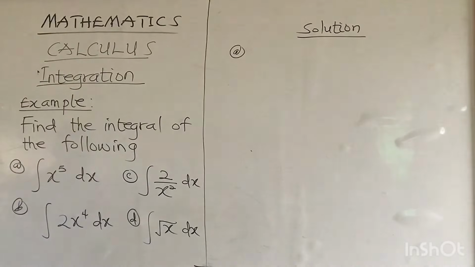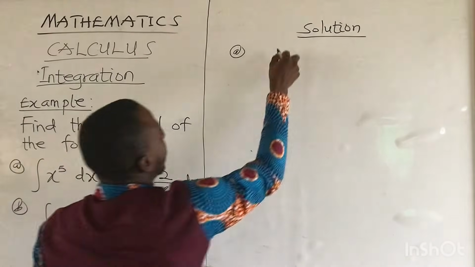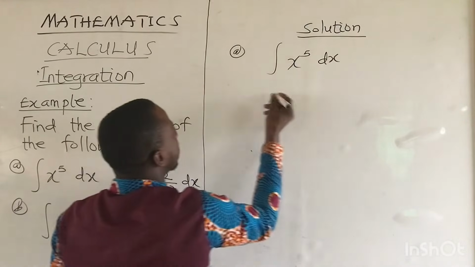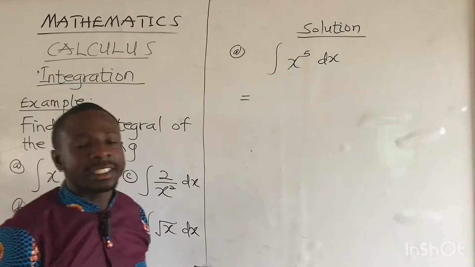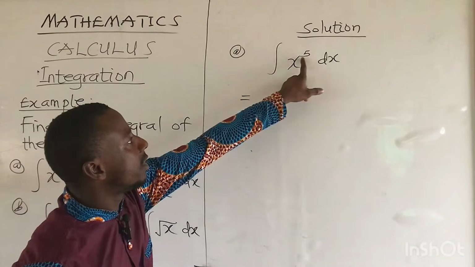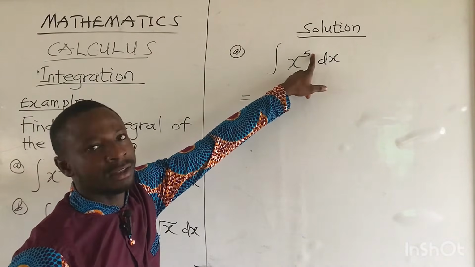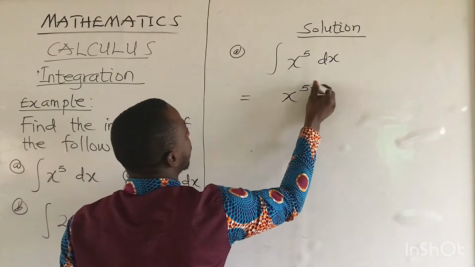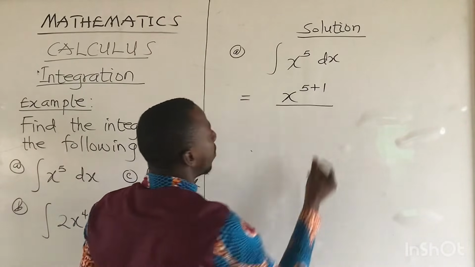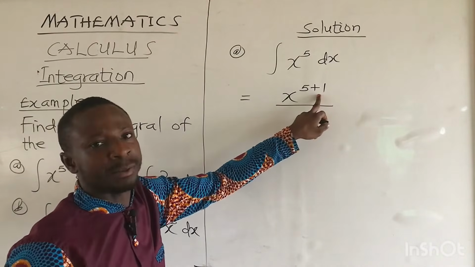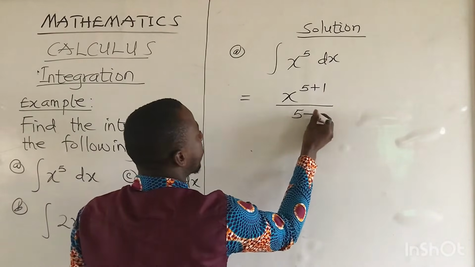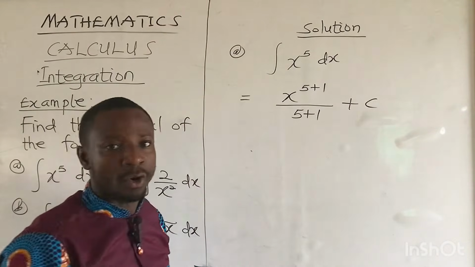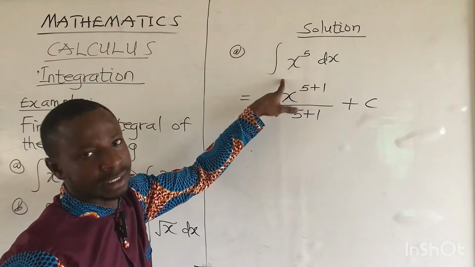A, so we are going to take them one after the other. The integral of x power 5 dx. Anytime you are integrating, the exponent here, you first of all add 1 to this. So we have x exponent 5 plus 1 all over the same exponent, 5 plus 1, plus c, because there is no limit.